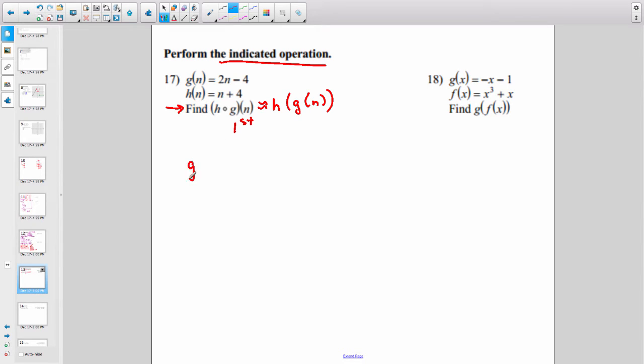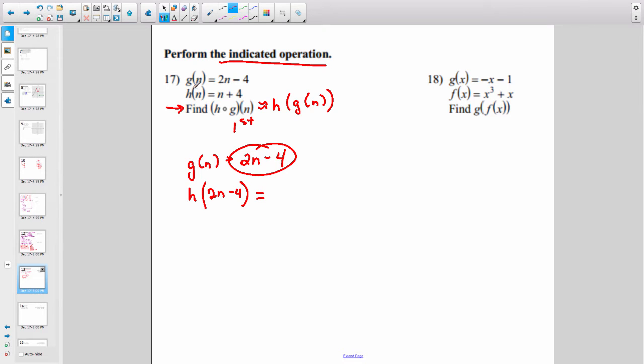So first we'll do g of n, and it is what it is. It's 2n minus 4. Whenever you don't have a number, if you just have the actual letter, that's the answer you get. So we're going to take this and pass it over to h. So we're going to do h of 2n minus 4.